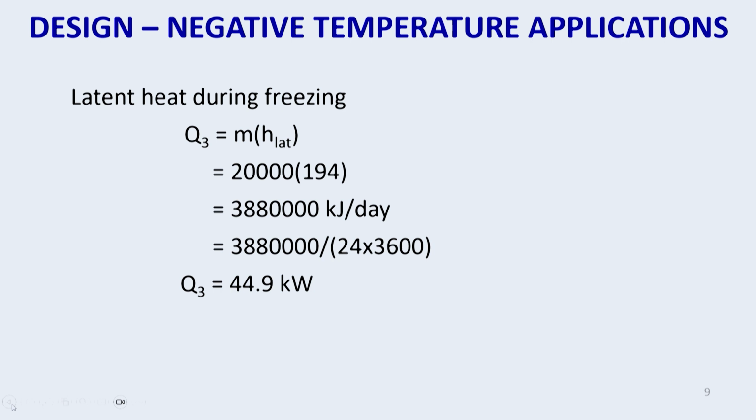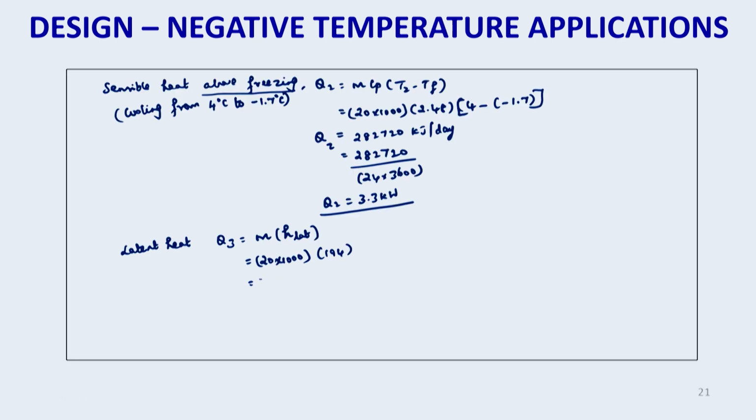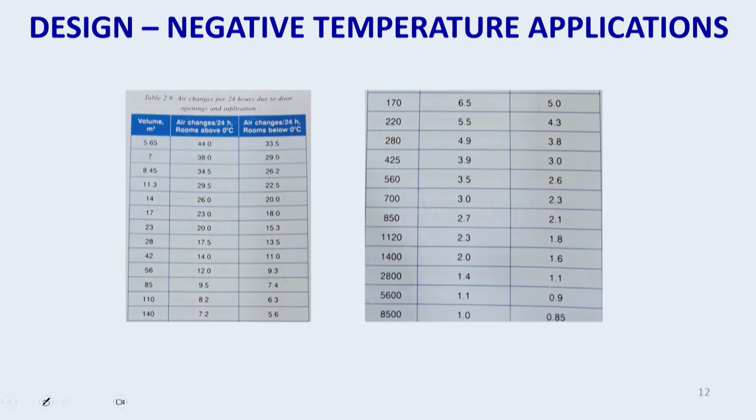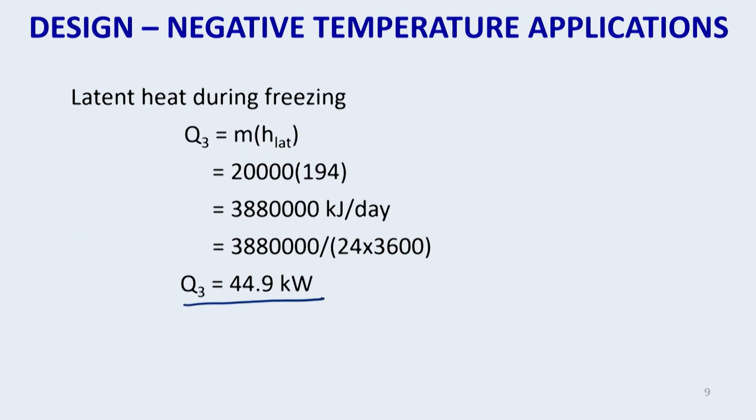So 38,80,000 kilojoules per day, divided by 24 into 3,600 to give kilowatts. Q3 value is 44.9 kilowatts.